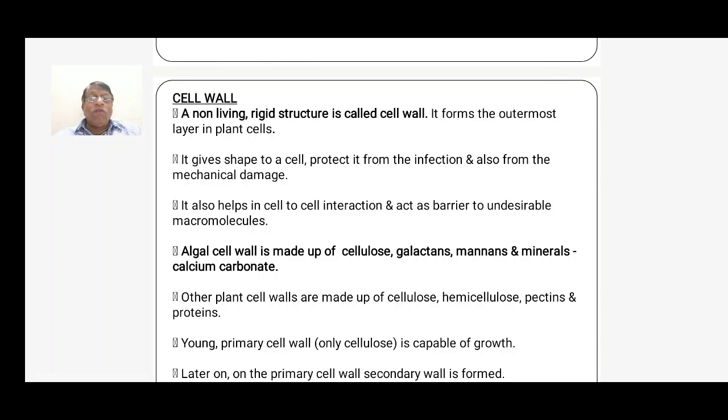The primary cell wall is made up of only cellulose, a chemical which is capable of growth. But if we examine the old cells, on the primary cell wall, the secondary wall is laid down. Sometimes even a tertiary wall layer is also formed.